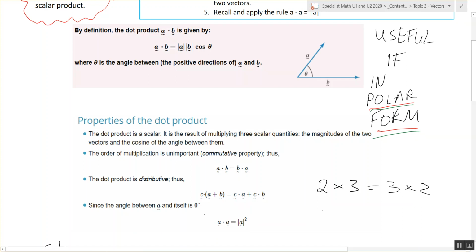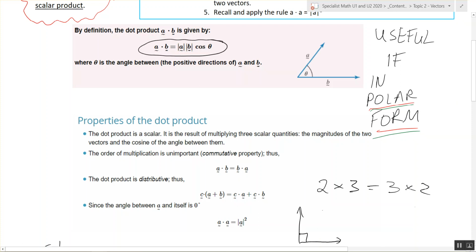Okay, here's a different scenario. How do we know if two vectors are perpendicular? First up, what does perpendicular mean? The two vectors are 90 degrees. Now let's look at this. What is cos of 90?